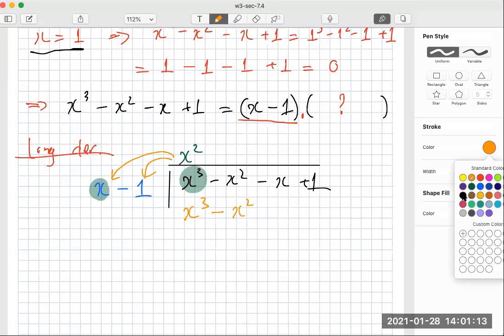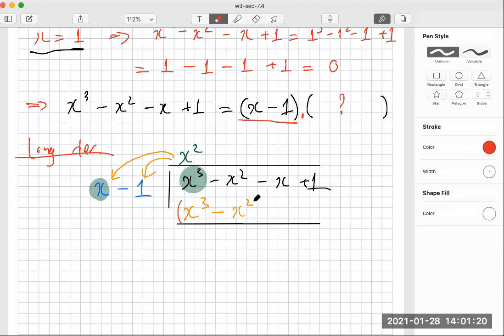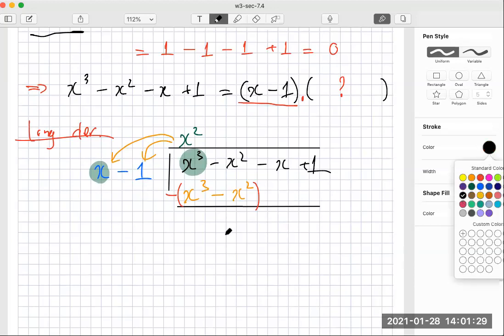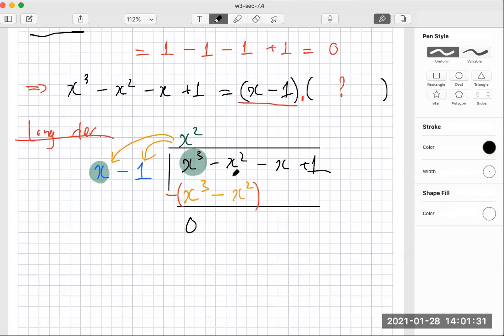Remember, we will subtract the whole thing here. x cubed minus x cubed gives us 0. The second term also 0. Negative x squared subtract negative x squared will be 0. And the remainder here will be?